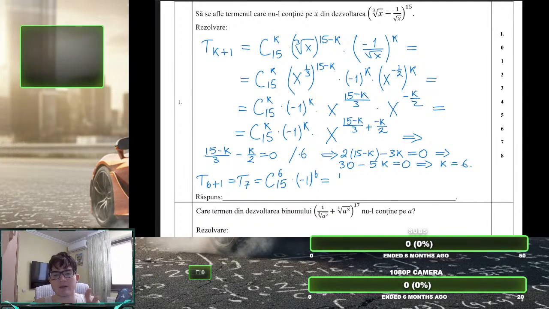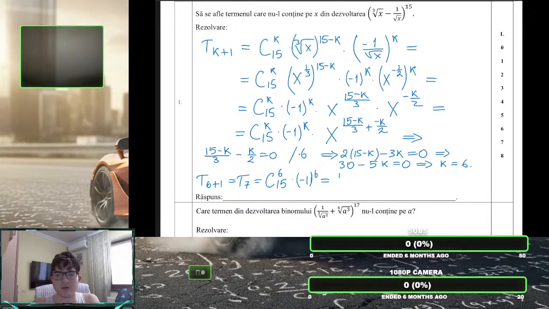We know that the x stuff at the power is equal to 0. So basically, when we plug in k like this, x is equal to 0, so we don't even write it down, as in the condition we need to find a term that doesn't contain x.